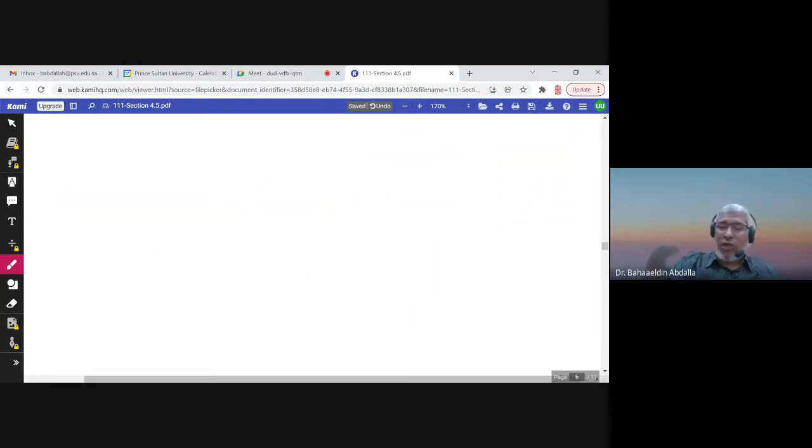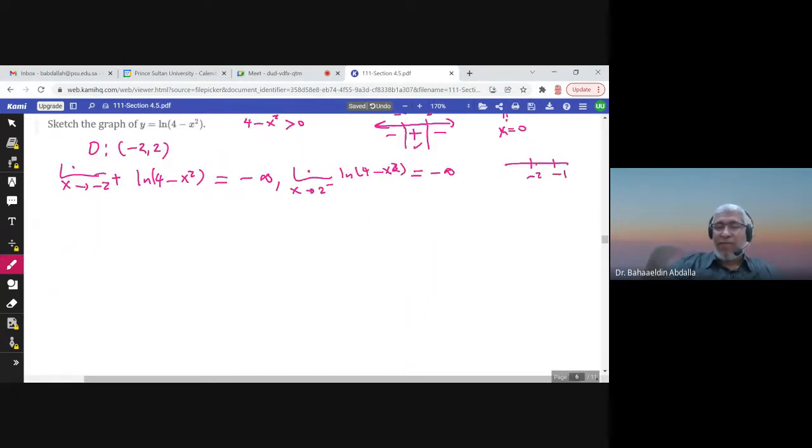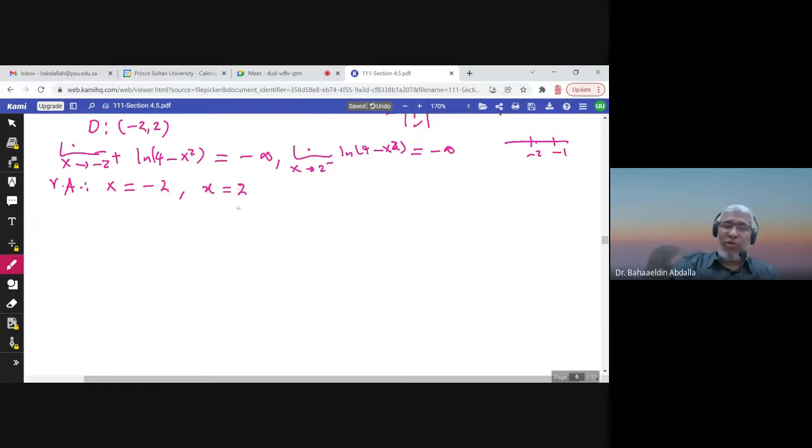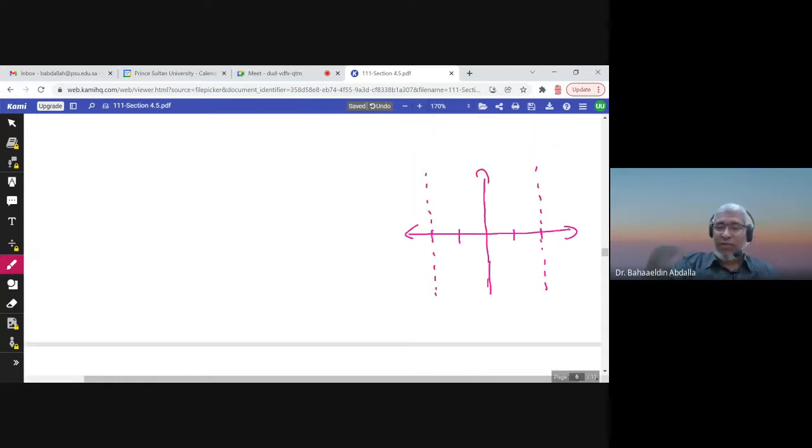So this means that I have two vertical asymptotes. x equals negative 2 is a vertical asymptote, and x equals 2 is also a vertical asymptote because the limit goes to negative infinity.